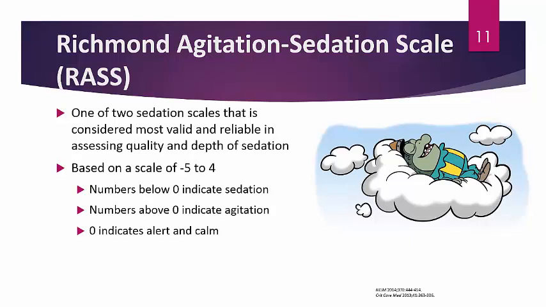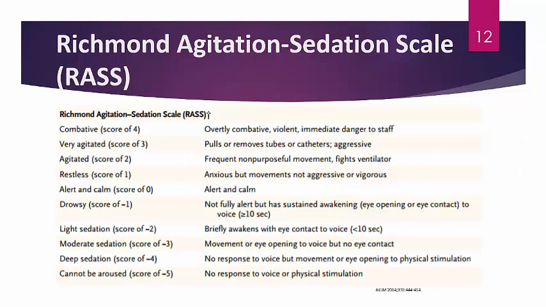Essentially, a number of 0 indicates that the patient is alert and calm. Numbers below 0 indicate that the patient has some kind of level of sedation. And numbers above 0 indicate agitation, as we'll show you in this diagram on the next slide, which is here.